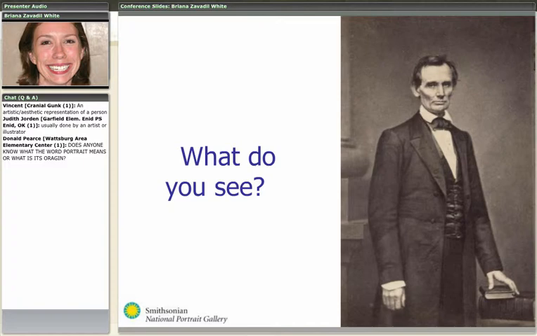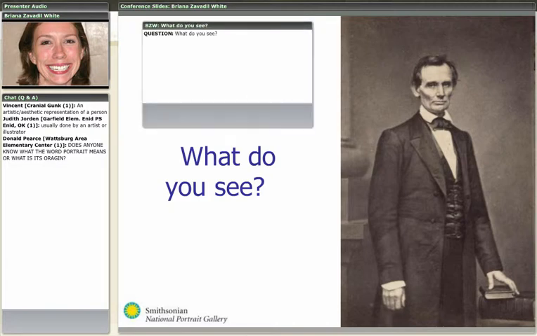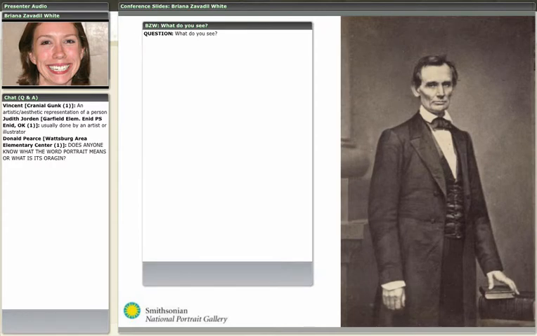So in my 6+ years at the Portrait Gallery, I have learned that the hardest question that you can ask of anybody is simply, what do you see? I think the reason for that is because people automatically want to interpret and make meaning out of some visual image that is in front of them, but we have to focus on what we see first.